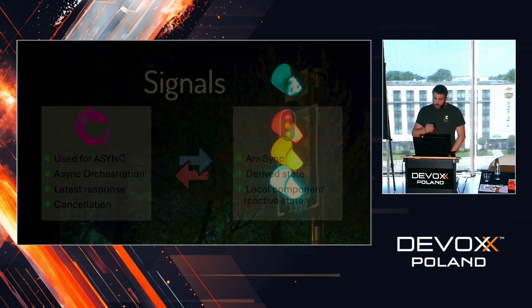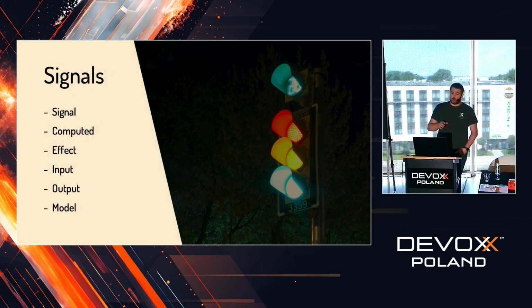So in those signals, we've gone through a lot of things. We got the basic signal, we've seen the computed, the effect, and now the input, the output, and the models. That's a lot of new signals. But the best way to learn how to use it is basically to use it. You will learn a lot doing that, because a colleague of mine started using it, and you would be surprised.